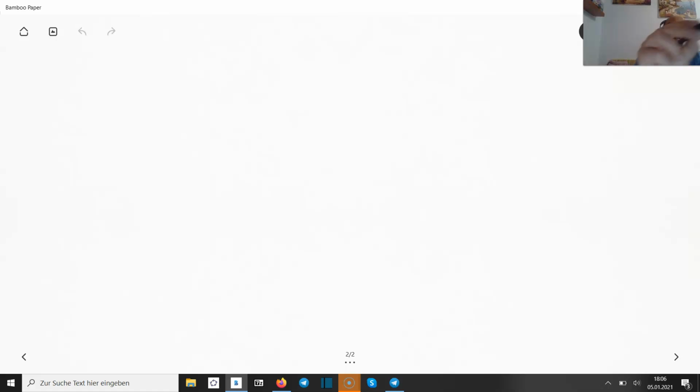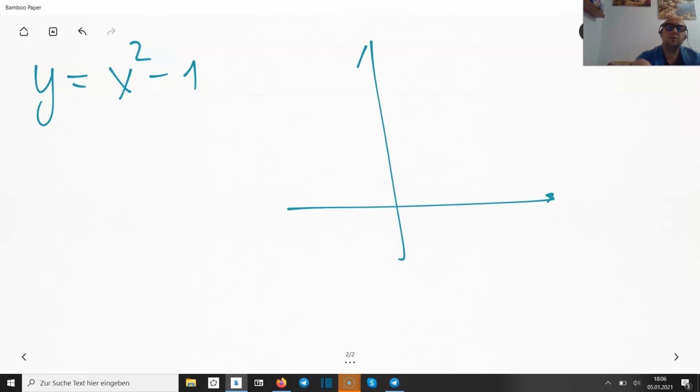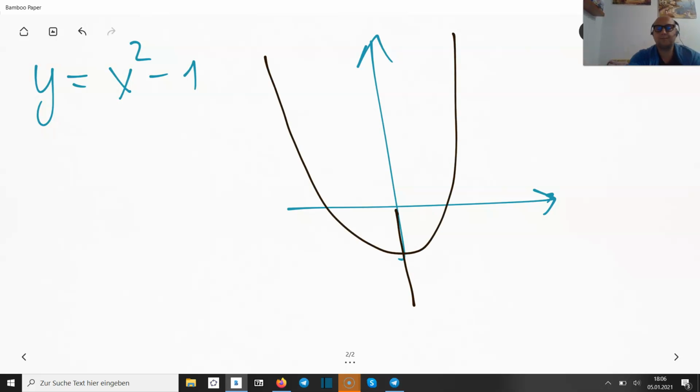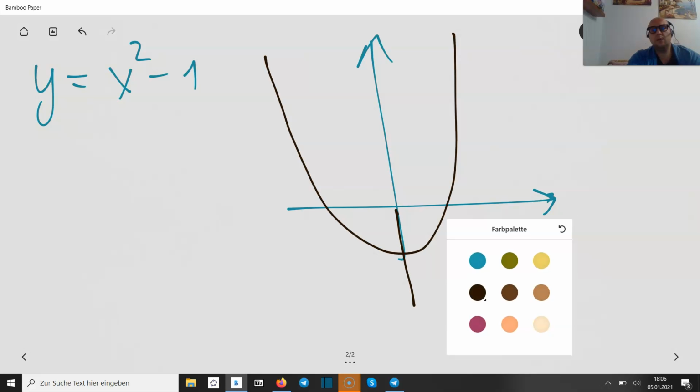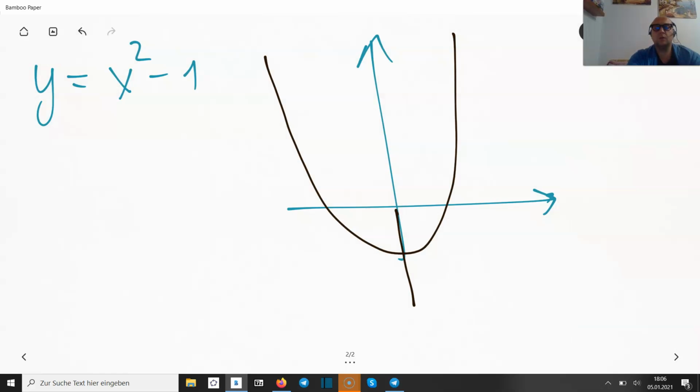The second one, let's see, we have y equals x squared minus 1. If we're talking about the inverse function, a function should be a combination of x and y values such that to every x we get exactly one y value. So this is a parabola, and we cannot make a function with the whole parabola, so we have to cut it off.